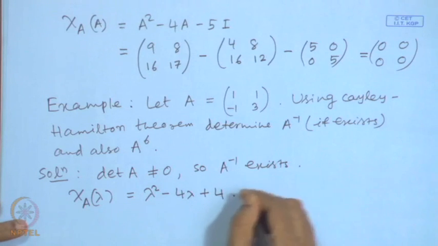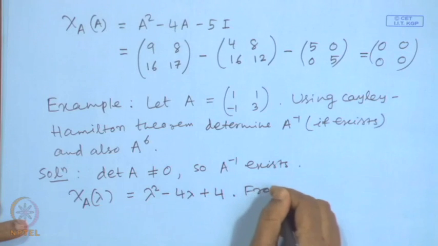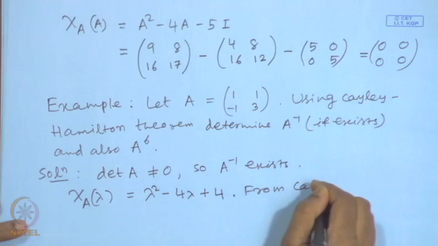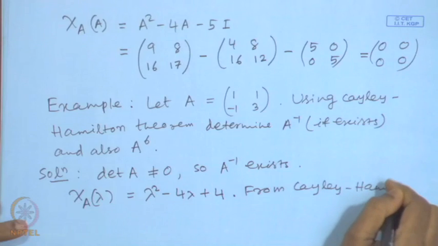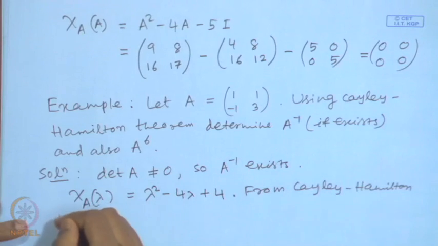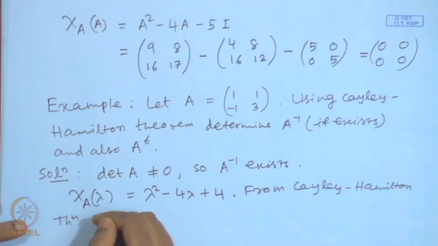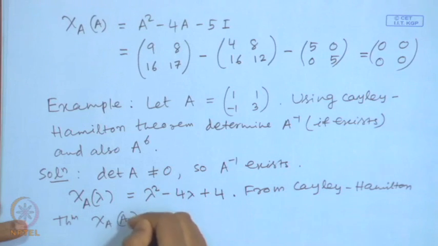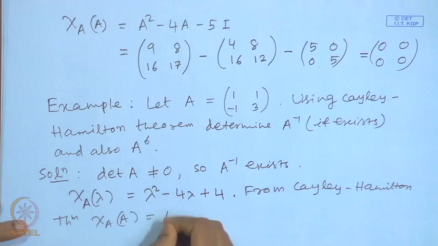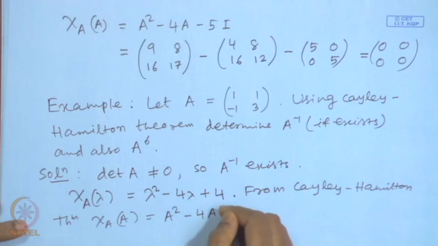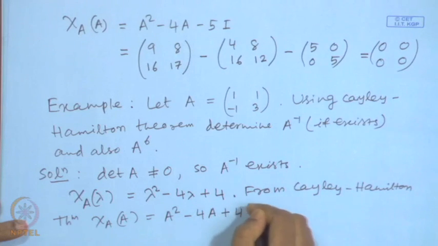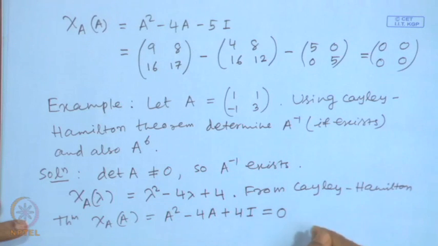From the Cayley-Hamilton theorem, we get that chi A, that is A square minus 4A plus 4 times the identity matrix, is 0.